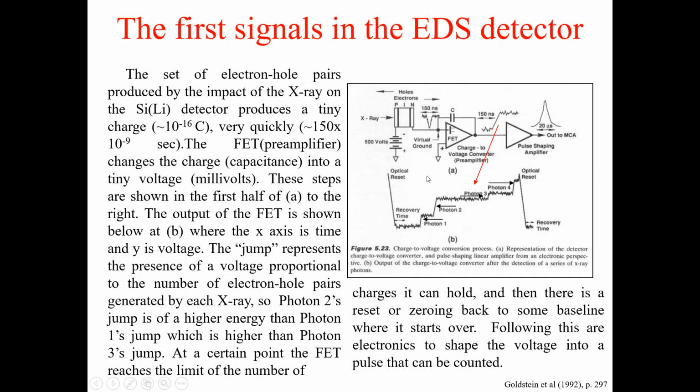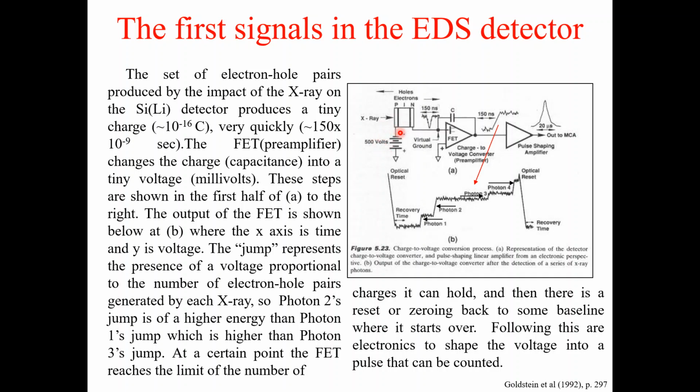Now we have the first signal and the EDS detector, and you can see the circuit here. What actually happens in this circuit? A set of electron hole pairs is produced by the input of the X-ray. Here you can see the input of the X-ray.